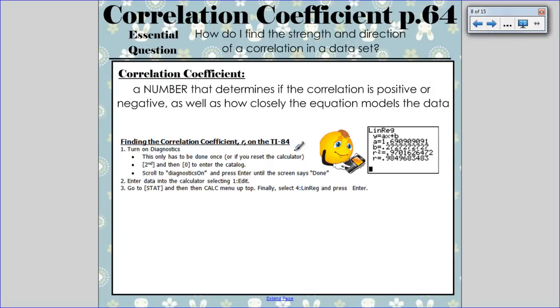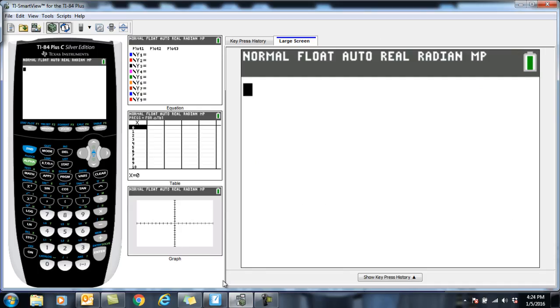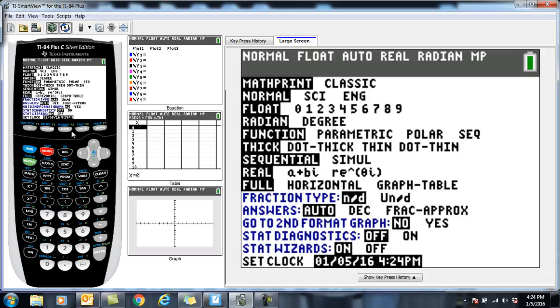There are directions in your notes, but there is an easier way to do it than what it says in the notes. So if you'll grab your calculator, and go to the button that says mode, you get all of this stuff. Mine may have more stuff than yours, but you still should be able to scroll down and see this thing that says stat diagnostics.